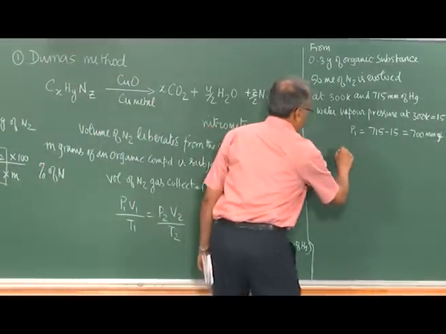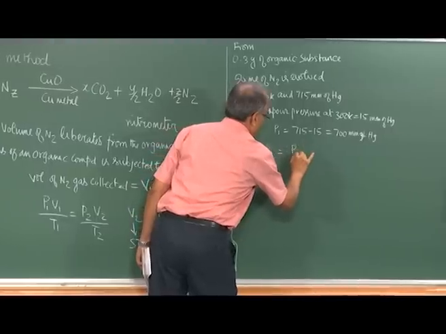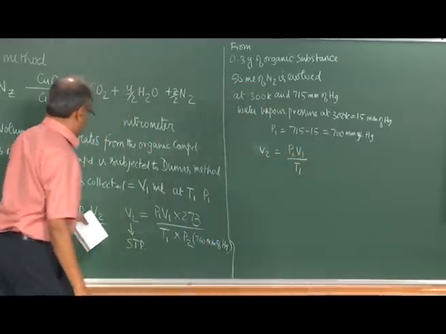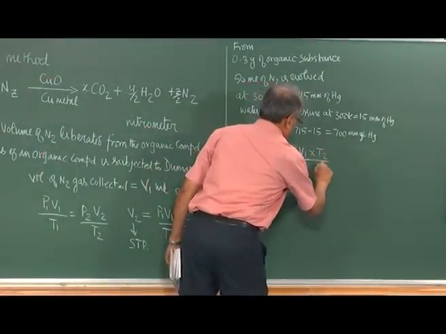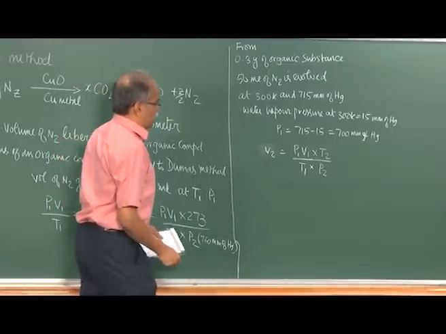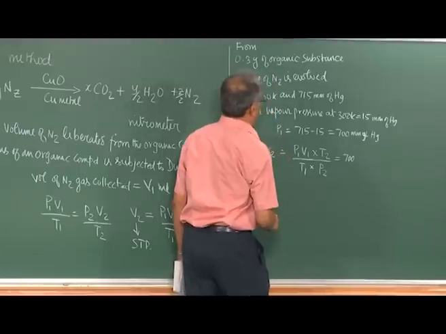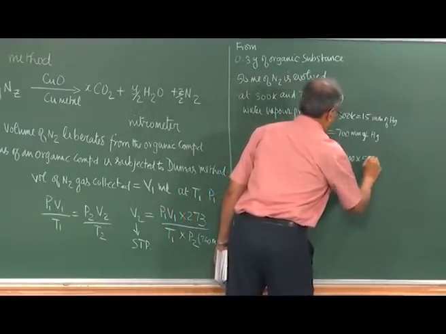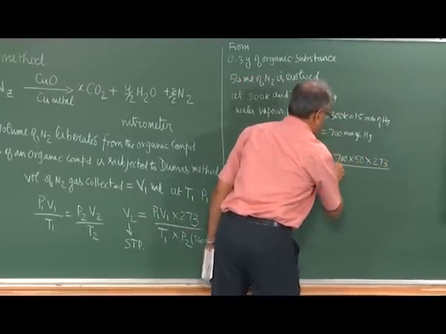So, V2 is equal to P1 V1 by T1, this expression that we are having here, multiplied by T2 by P2. If you substitute the values here, P1 will be equal to 700 and the volume of nitrogen collected is 50 milliliters, and temperature T2 will be 273 Kelvin, which is the standard temperature.